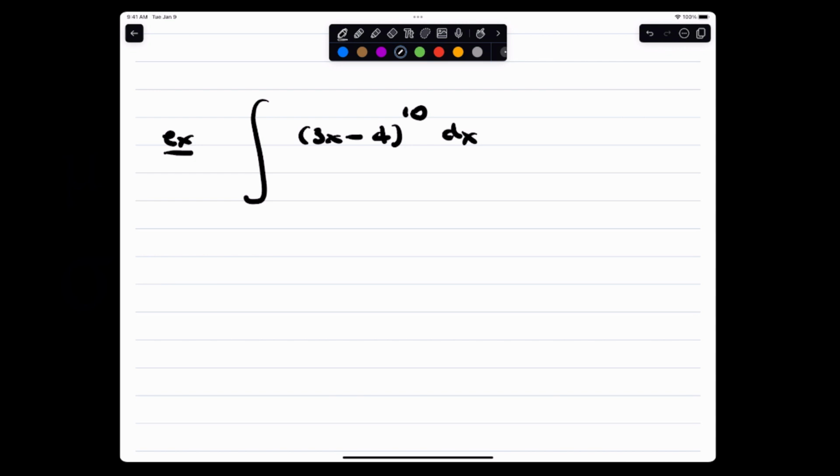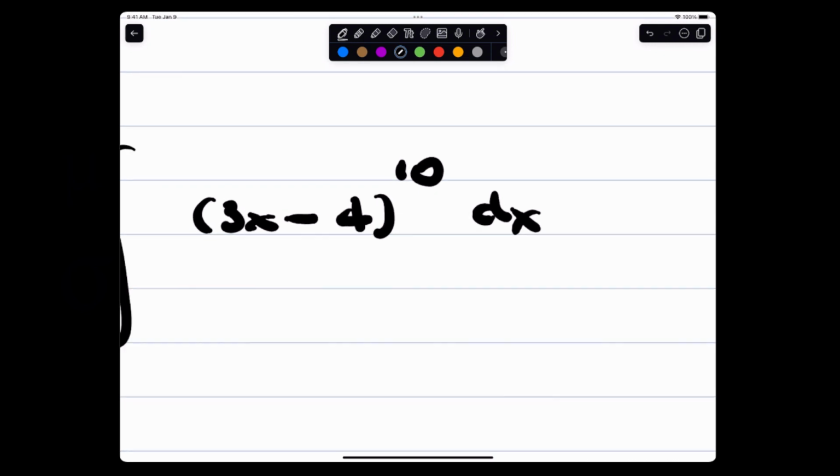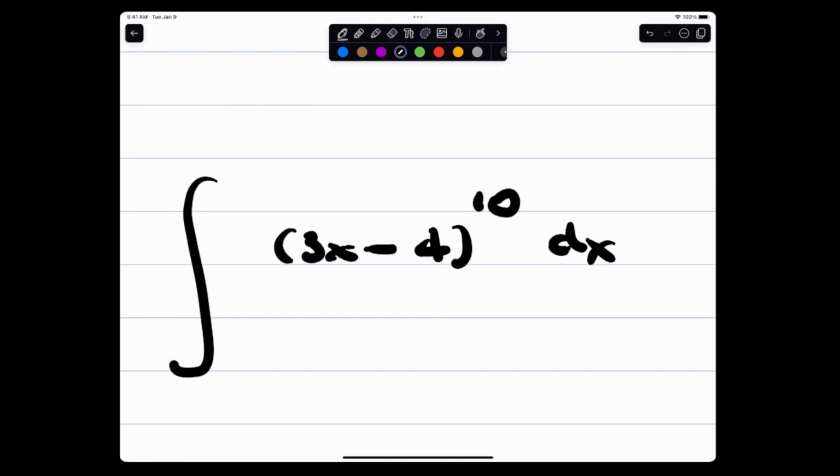By the way, this is an indefinite integral. But what you don't want to do is take that function and use FOIL like 10 times. You don't want to expand that at all. So I did something very extreme to illustrate a point here.